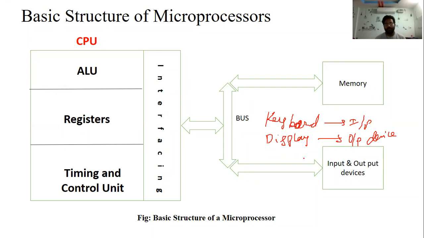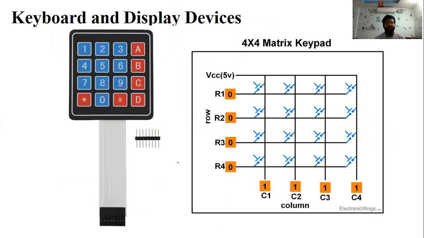Without the display, you are unable to know the output of the executed program. That's why you require the keyboard for entering the program or giving information to the CPU. Then whatever the CPU produces is shown in the display.